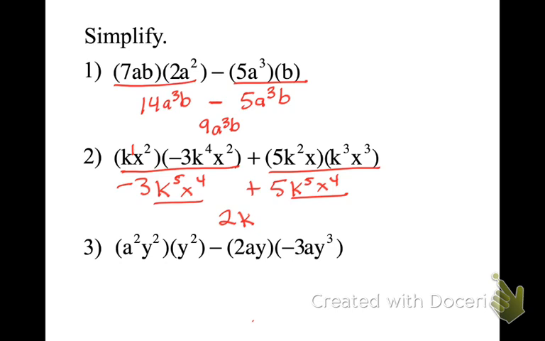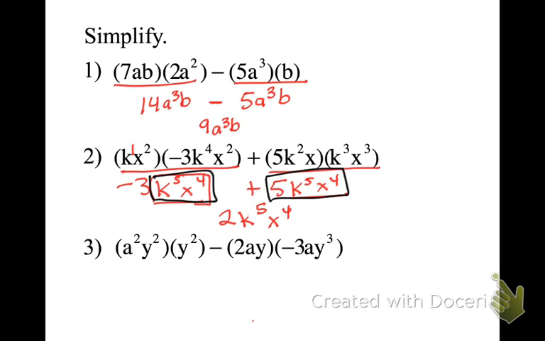Oh. 2k to the fifth, x to the fourth. When we add and subtract, let me clarify. The term is staying the same. Nothing happens. The rule that we were using earlier is only for multiplying like terms. These are being added. So the exponent stays the same.